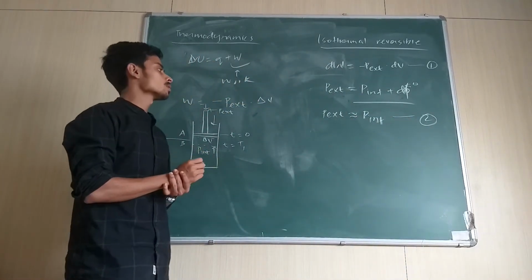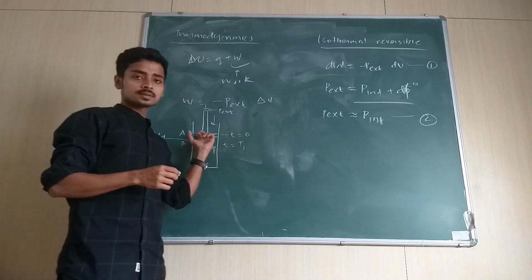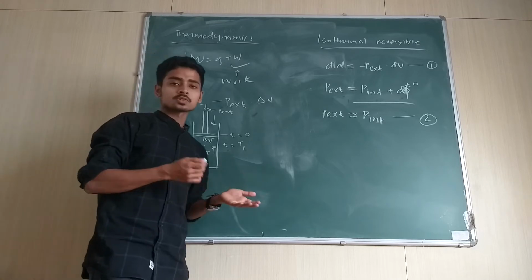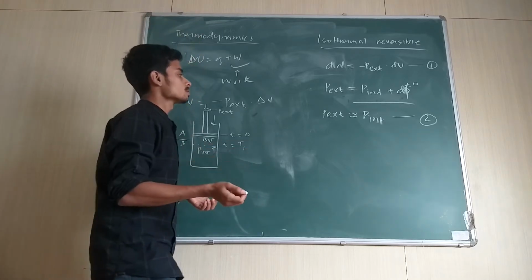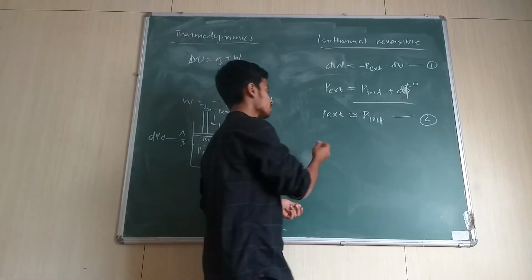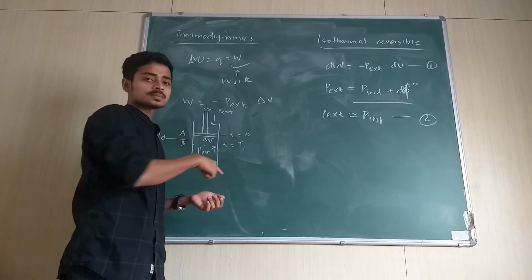Now we are considering the gas inside this chamber to be an ideal gas, because that is the portion that we cover in our chapter. So if it is an ideal gas, then it will also follow the ideal gas equation. So we can write for the internal pressure, this will contain a volume and there will be some n moles of gas.